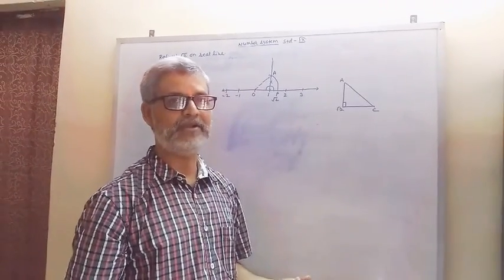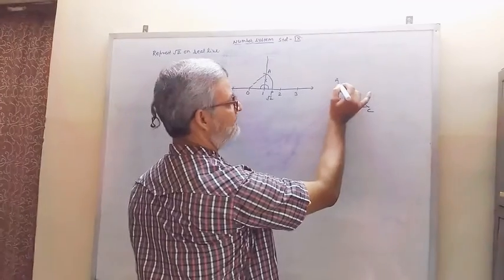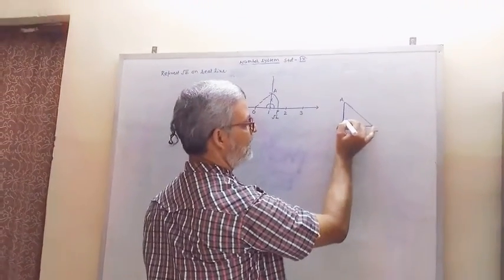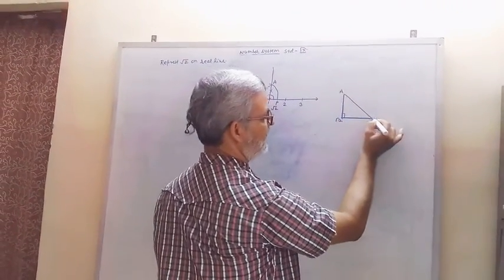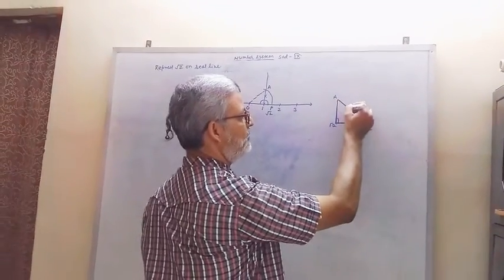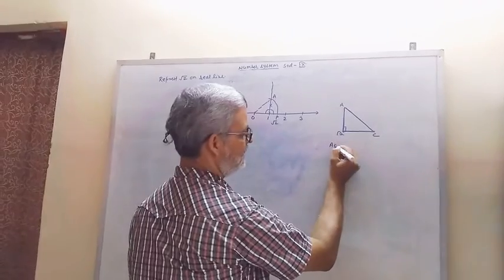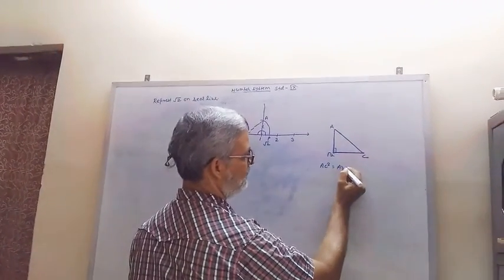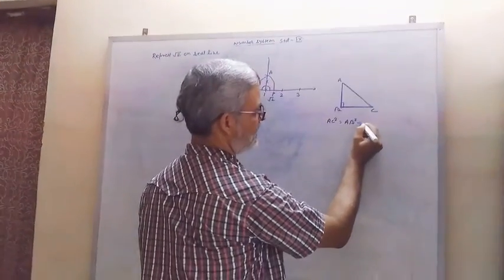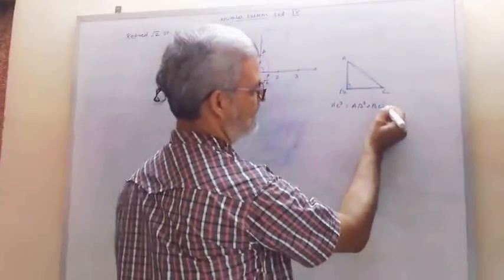Pythagoras theorem says AC square is equal to AB square plus BC square.